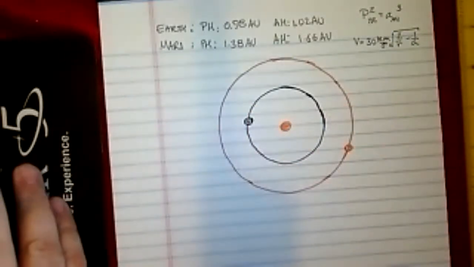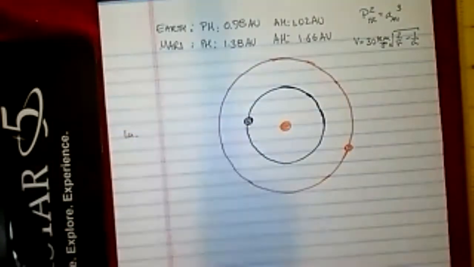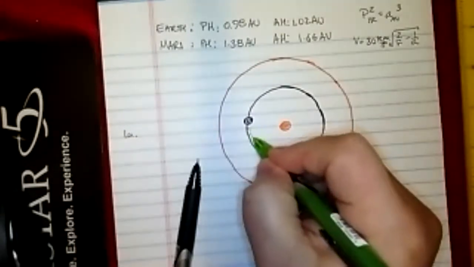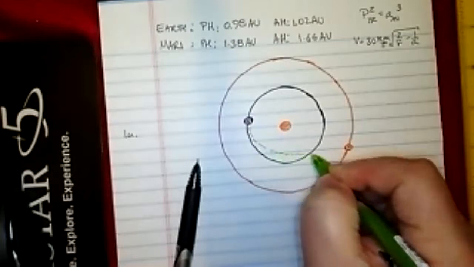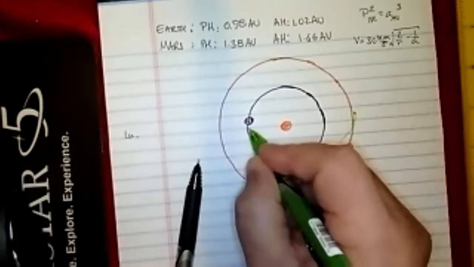So the first question they ask is, what is the perihelion distance of the spacecraft? So the spacecraft is going to go in a Hohmann transfer orbit that looks like this. It's going to leave from the Earth and arrive at Mars.